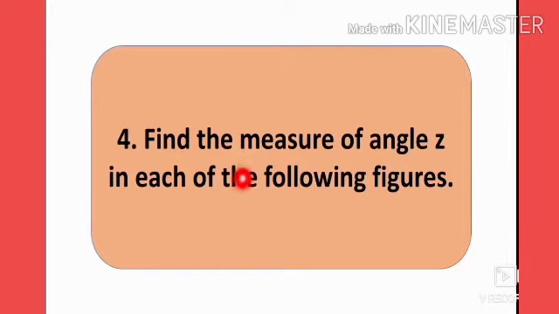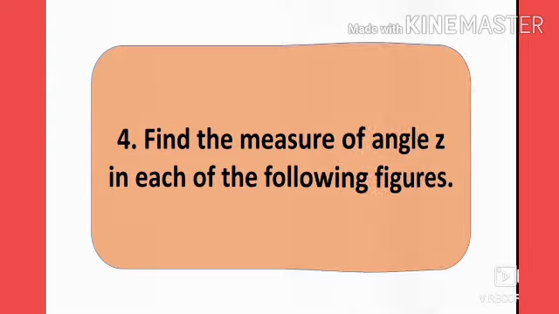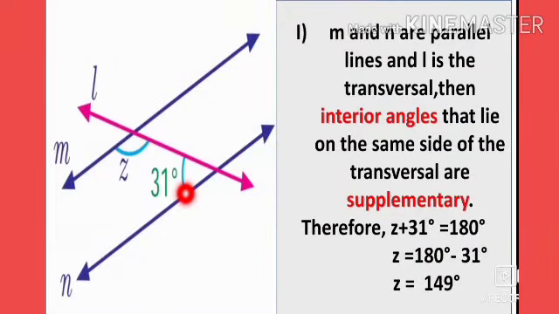Fourth one, find the measure of angle Z in each of the following figures. So, students, here M and N are two parallel lines and L is the transversal. And here Z and 31 degree.